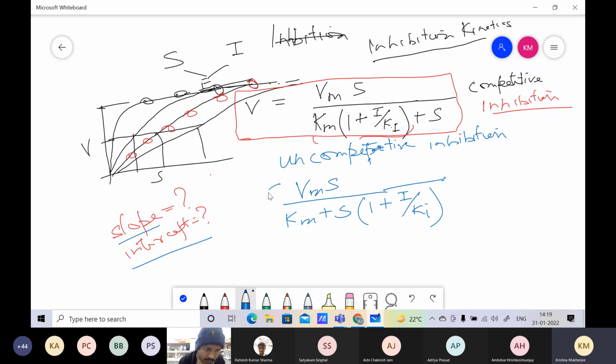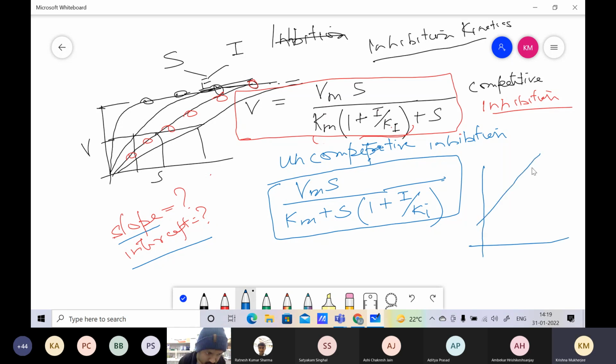If the equation is like this, how do the slope and intercept change? Essentially my question is, here is a line. I'm not even saying what plot it is. Now if the slope does not change, with different inhibitor concentrations you will get lines like this, with I changing.